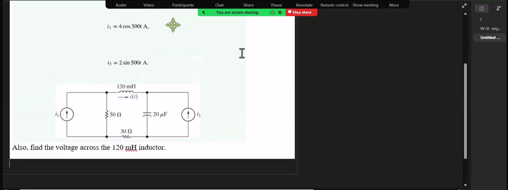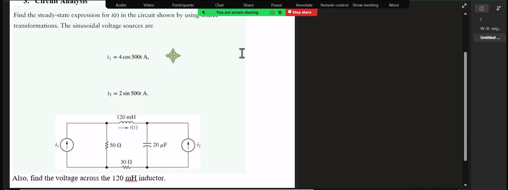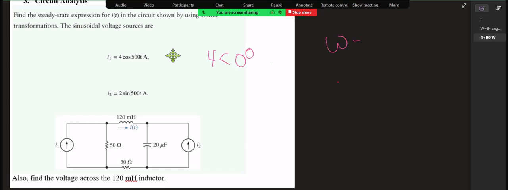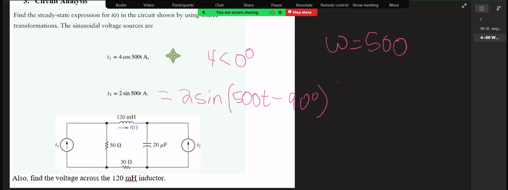So the first current would be 4 angle 0 degrees. We see that omega is 500. Our second current, let's change this to cosine, so that's 2 sine(500t minus 90 degrees).